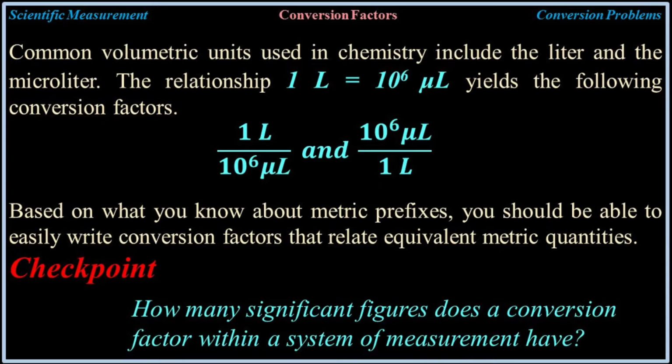Based on what you know about metric prefixes, you should be able to easily write conversion factors that relate equivalent metric quantities. Checkpoint: How many significant figures does a conversion factor within a system of measurement have? Unlimited. It's really quite irrelevant in terms of identifying the number of significant figures after multiplication and division, but it's unlimited if it's within a system.